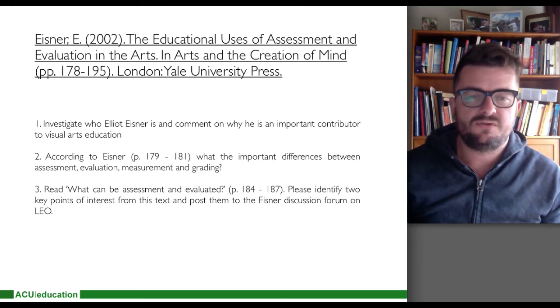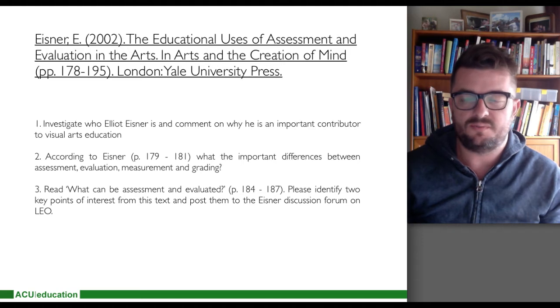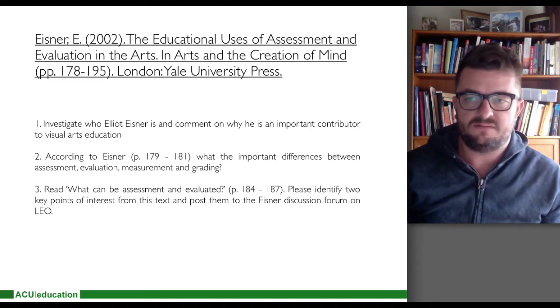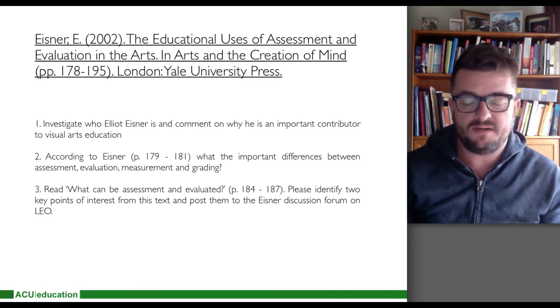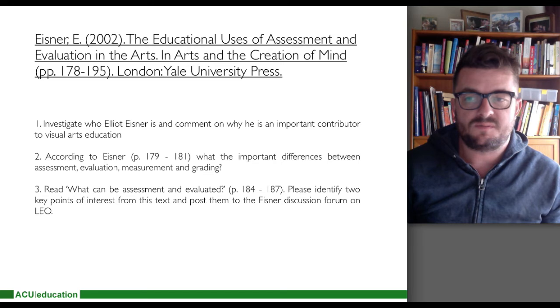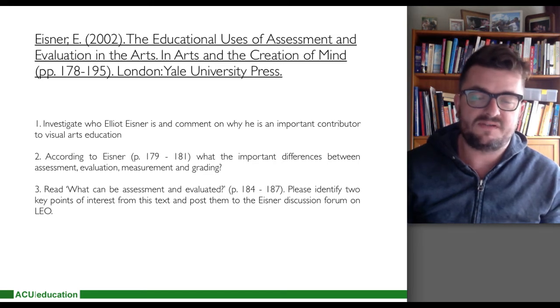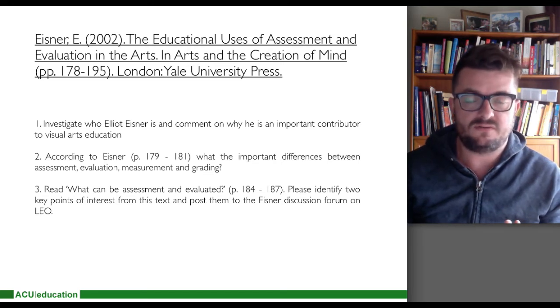So what I'd like you to do for the first part of this assessment workshop is to go to the Elliot Eisner reading, which is the Educational Uses of Assessment and Evaluation in the Arts. This is found in a book called Arts in the Creation of Mind. I want you to look specifically at pages 178 to 195, so that's the whole chapter.